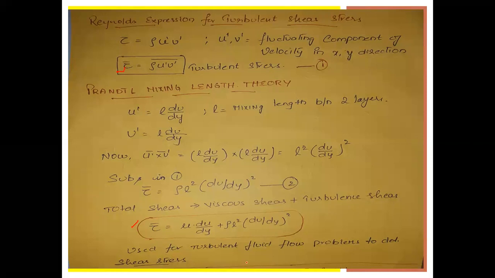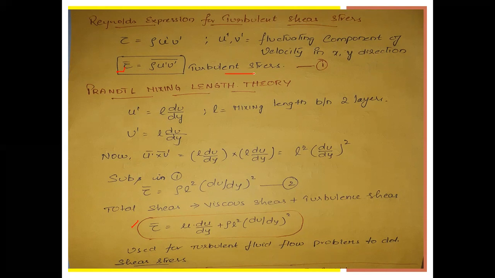So these formulas I have written and given for you are also very important for the various types of flows. Tau is equal to rho into u dash into v dash, where u dash and v dash are the fluctuating components. Therefore tau is equal to rho into u dash v dash bar.